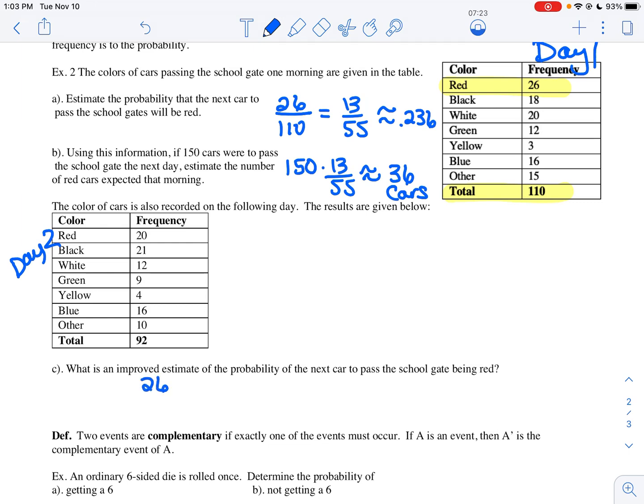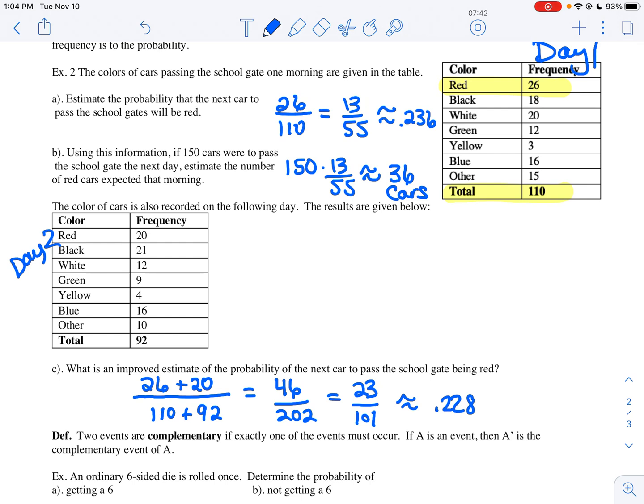You can take 26 red on day 1 plus 20 red cars on day 2 over 110 plus 92. This would give us a much clearer estimate. So the probability that the next car would be red would be about 22.8%.